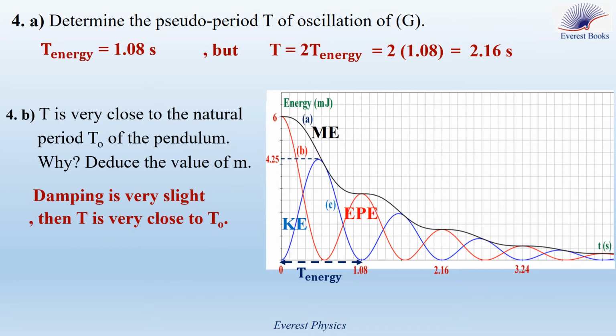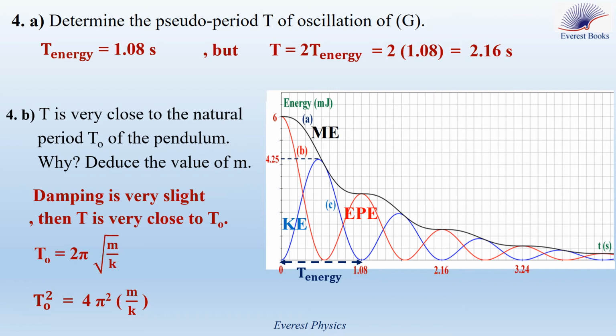Now to calculate M, we use the formula of the natural period. Remember, these are free damped mechanical oscillations, but because the damping is very slight, we can use the formula of the natural period. So square both sides.